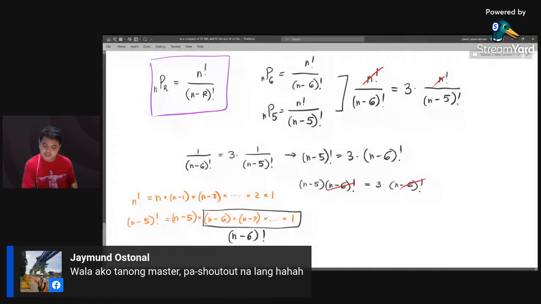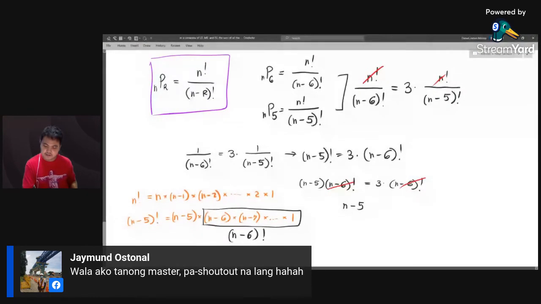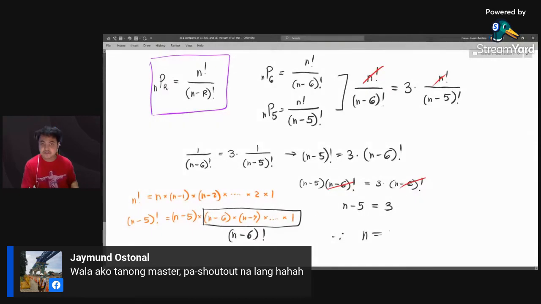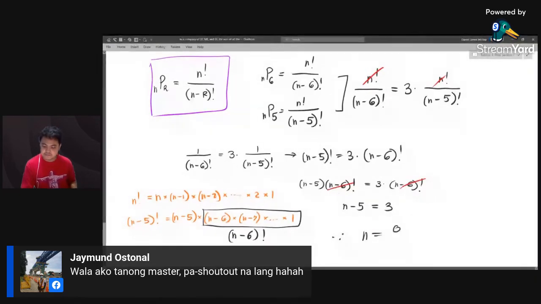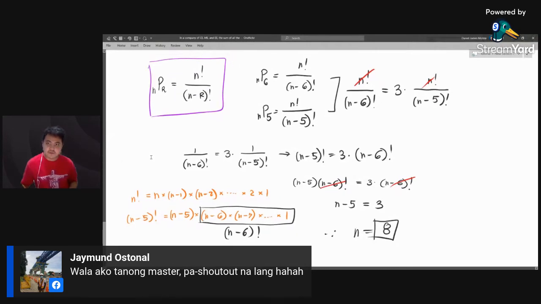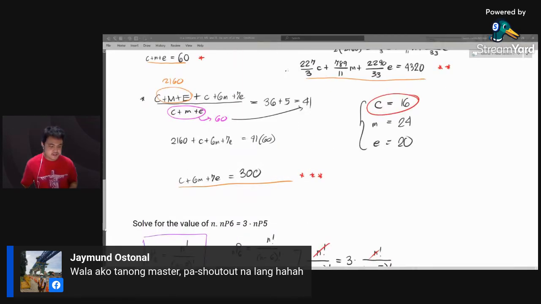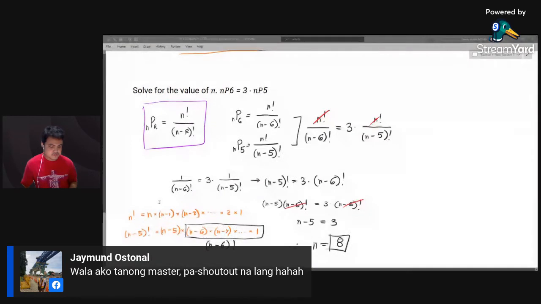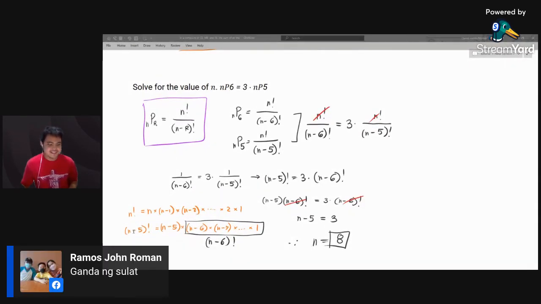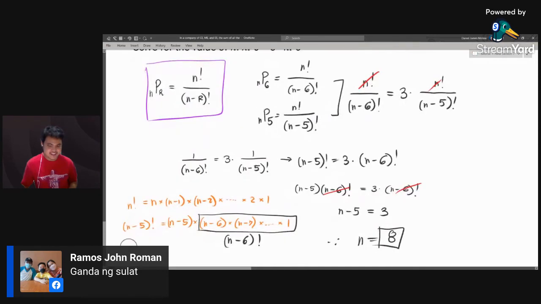Because why not? n minus 5 is equal to 3. So, therefore, solving for n, kaya naman na siguro, no? 3 plus 5. So, the value of n is 8. Yun po yung ating solution dito.